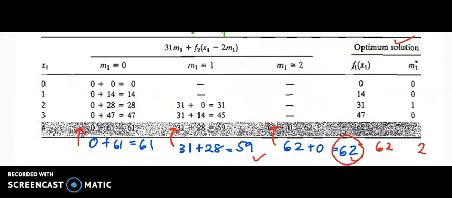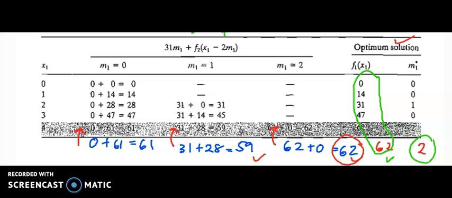So now we have finished all 3 stages. At stage 1, all these are the list of optimal solutions, and remember, our aim is to find the maximum value. So in this case, 62 is the highest, and the value of m1 is 2.